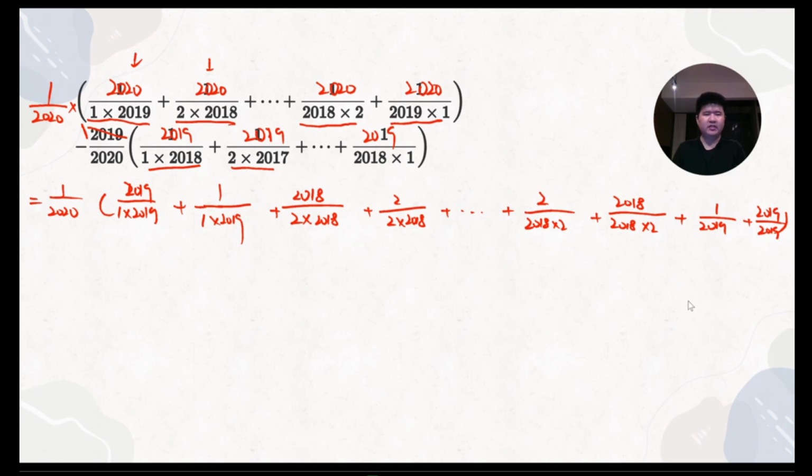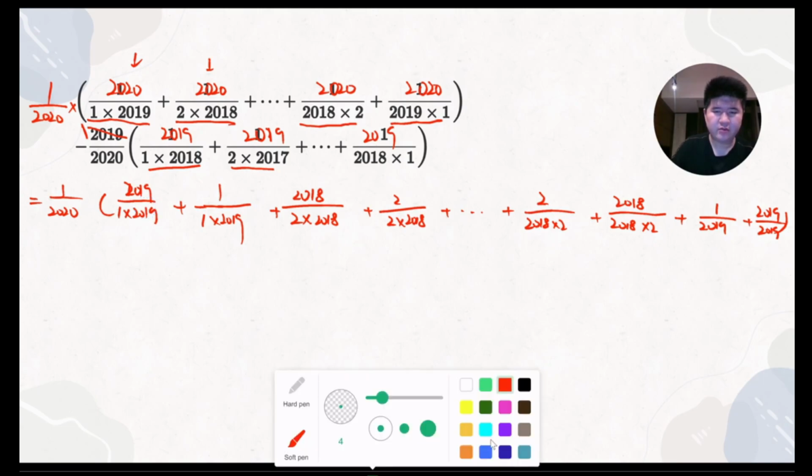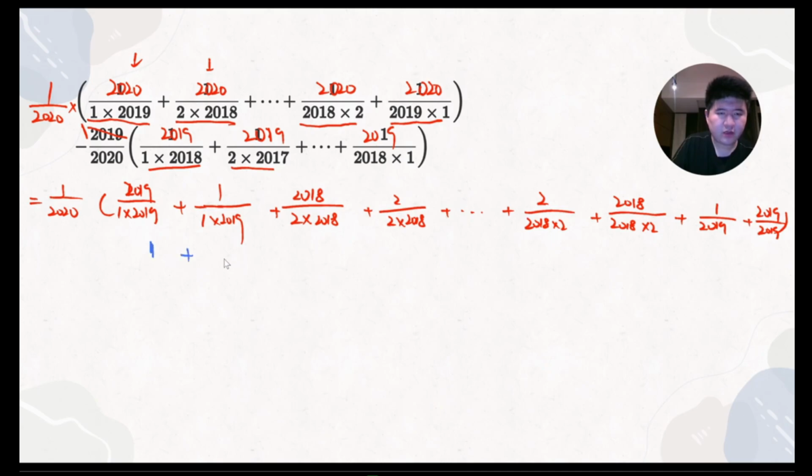And if we simplify most of them, the first term here is just a 1. 1 plus 1 over 2019 plus a half plus 1 over 2018 plus, and until 1 over 2018 plus a half plus 1 over 2019 plus 1.